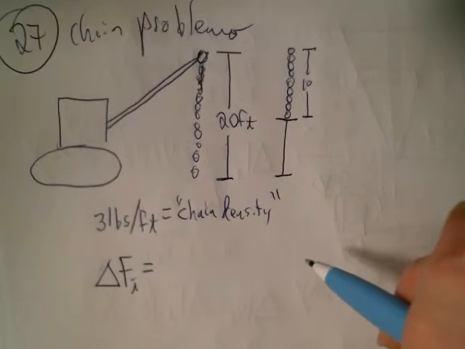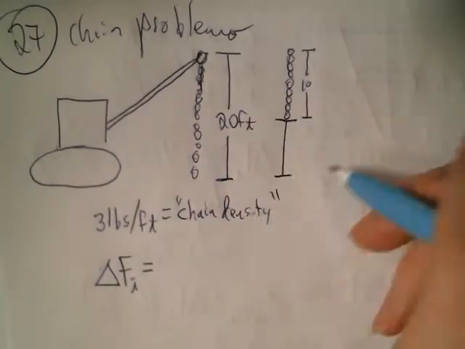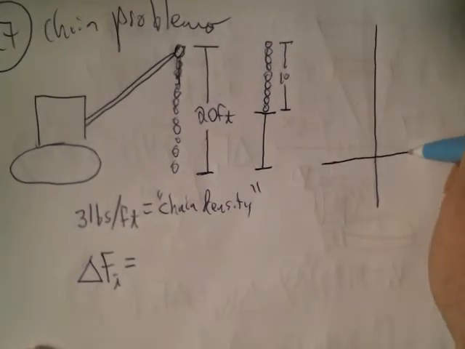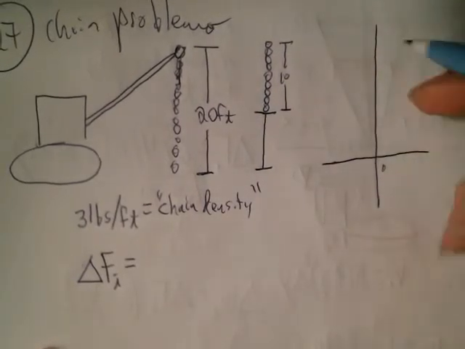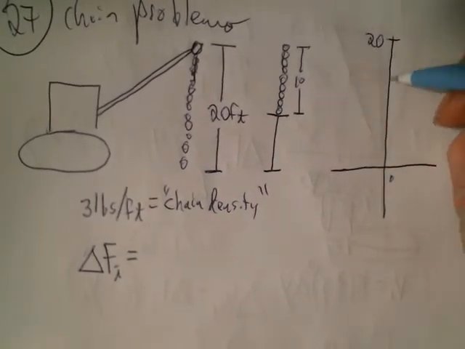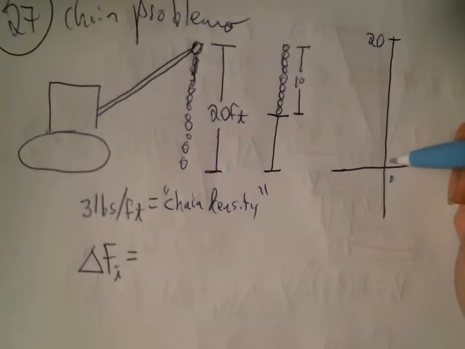You can orient this situation in the xy plane, like this. So I'll put 0 at the bottom and then 20 up here. And then I have my chain on this y-axis.